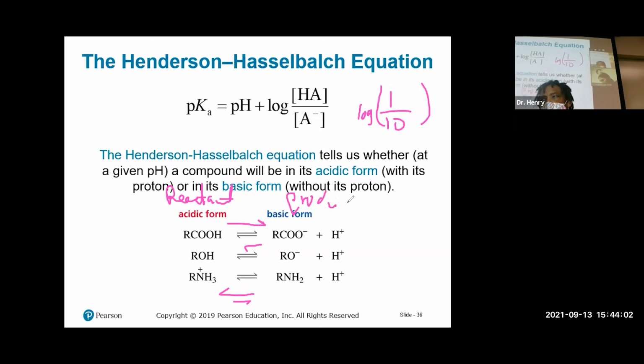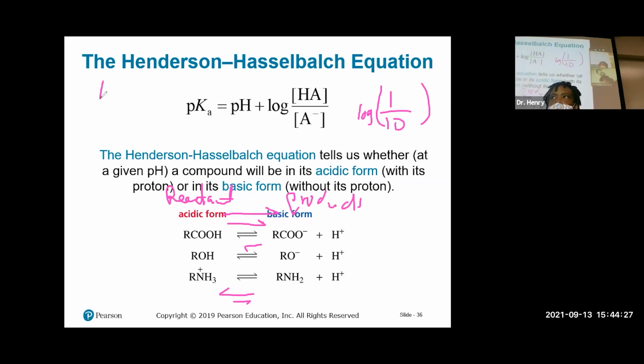Okay. So if my equilibrium says that my acid is 1 and my base is 10, which way is my arrow favoring? It's favoring the product. So we're pushing more in this direction, and we have a bigger arrow in that direction, right?